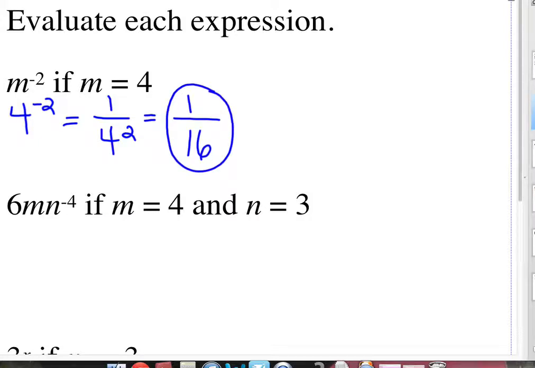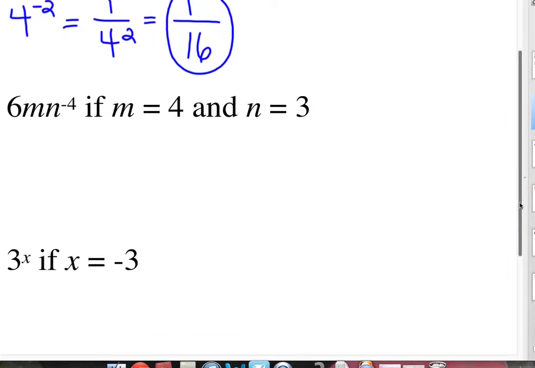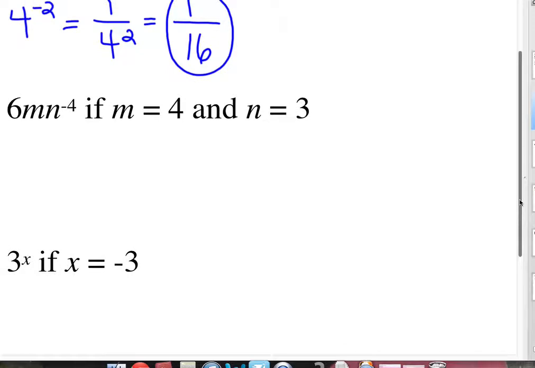What about the next one? 6 times m times n to the negative 4th power. Who has the exponent? Just the n. So he's going to go down below. So check this out. The 6 can stay. The m can stay. But n to the negative 4, no. He goes downstairs and becomes a positive 4.